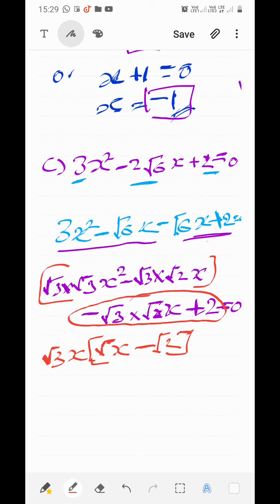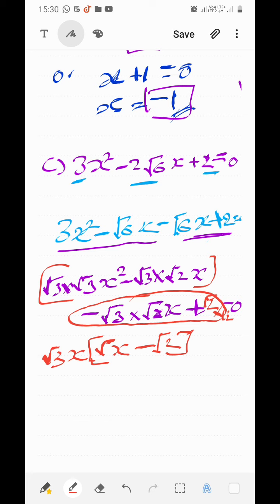What is common actually? Yes, here root 2. This 2 we can write as root 2 into root 2, the constant term. Now what is common? Root 2 we can take out. Root 2 is common now.